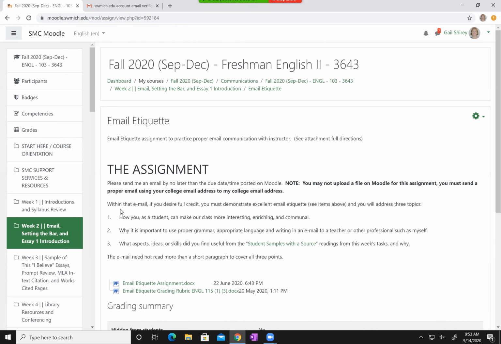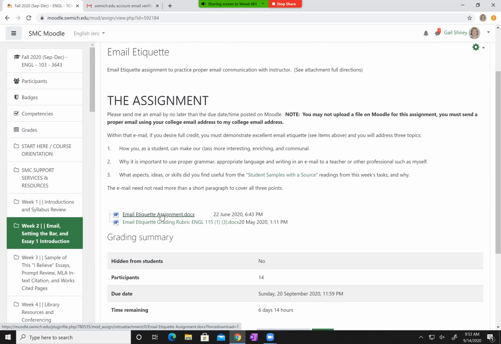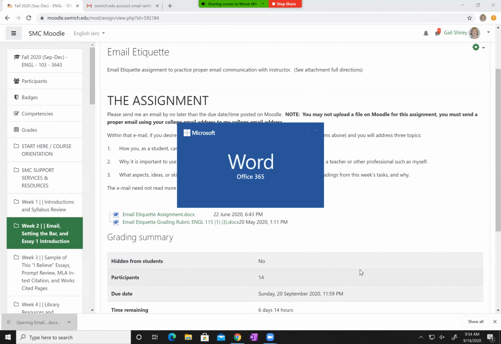And then in that email, you have to cover this criteria right here, cover all of these items. And then I also give you assignment directions here and the grading rubric here. So the grading rubric tells you what I'm going to be looking for and the scoring. The assignment itself, the document gives you very specific directions with some guidance.